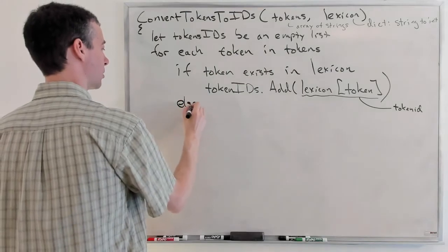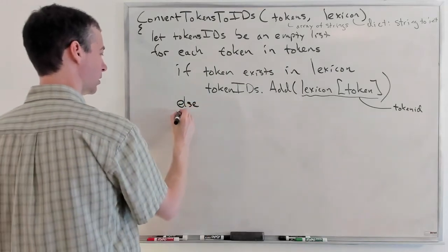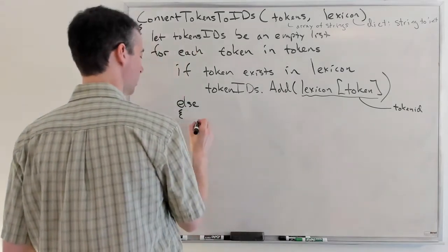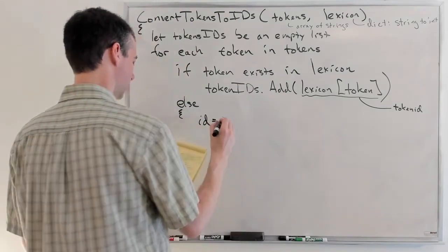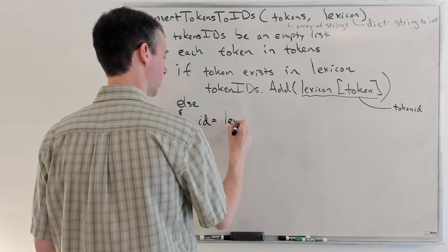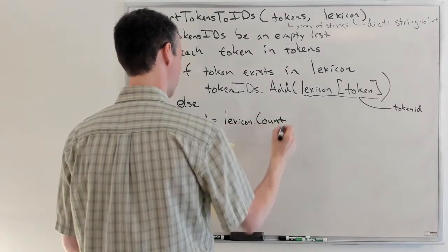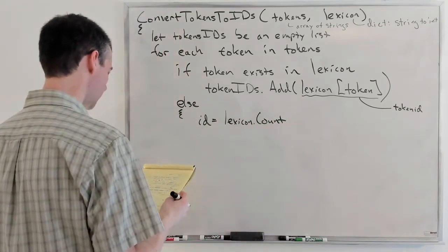Otherwise, if we haven't already seen it, we need to add it into our lexicon. So we're going to need a new ID for it. Our ID is simply, we ask the lexicon, how many words do you currently have in you? So we get its count. That's going to be our new ID.